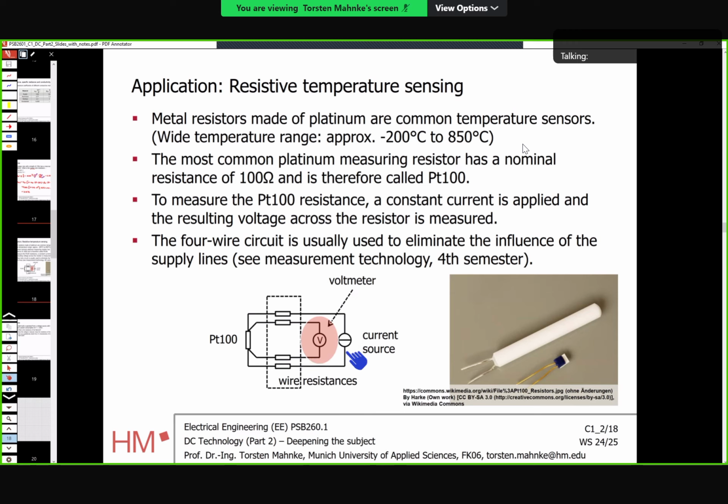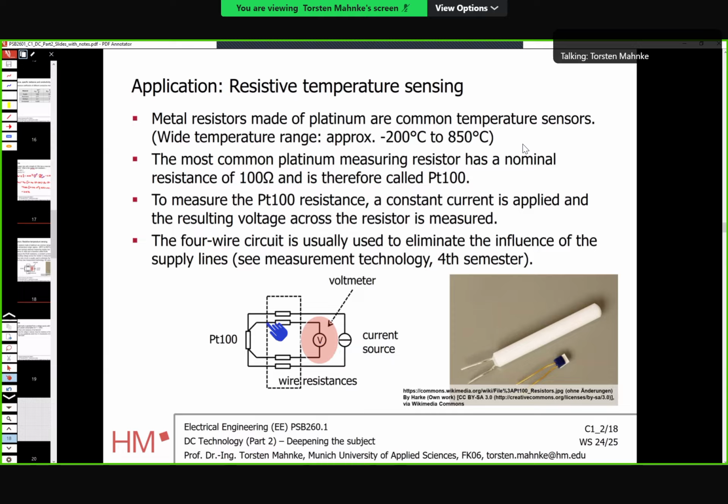The current supplying the sensor is flowing here in the outer loop. In the inner loop, you will see hardly any current. Of course, the internal resistance of the voltmeter has to be extremely high, so you should use a good voltmeter with very high inner resistance.